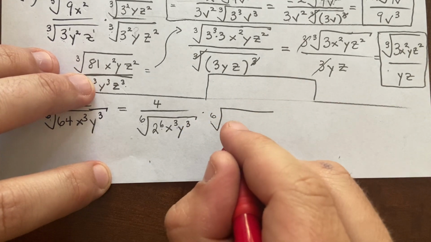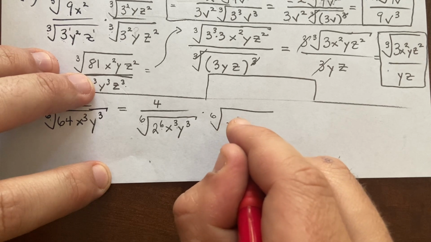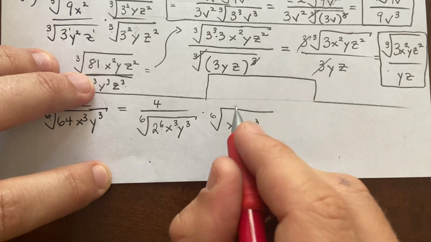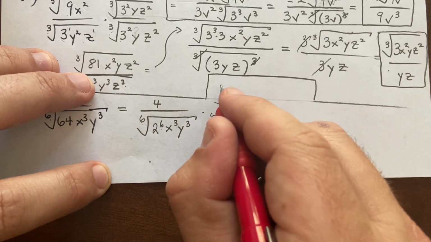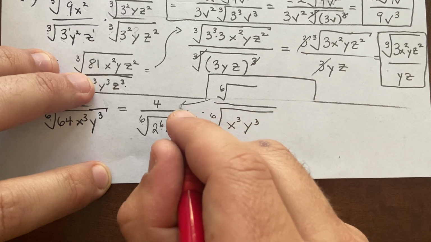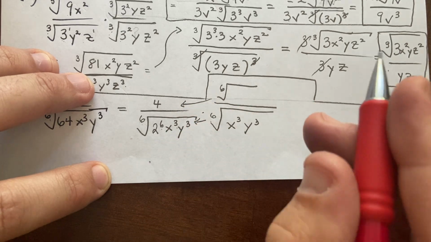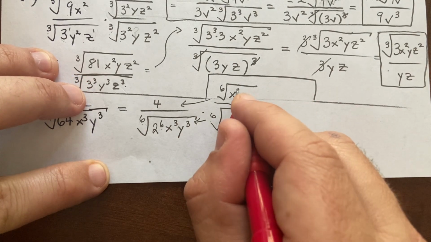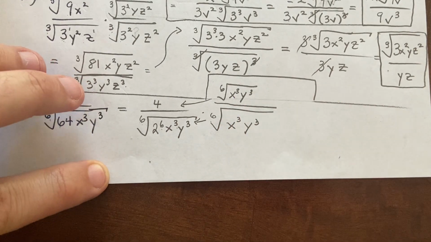So the 6th root of x cubed, y cubed. So what I do to the bottom, I have to do that same thing to the top. These things are multiplying, by the way, and these things are multiplying. So x cubed, y cubed.